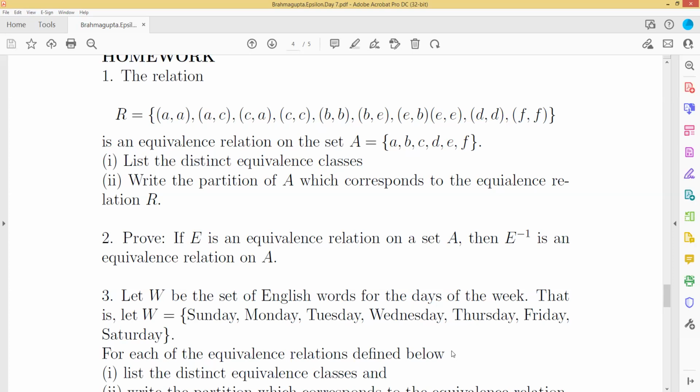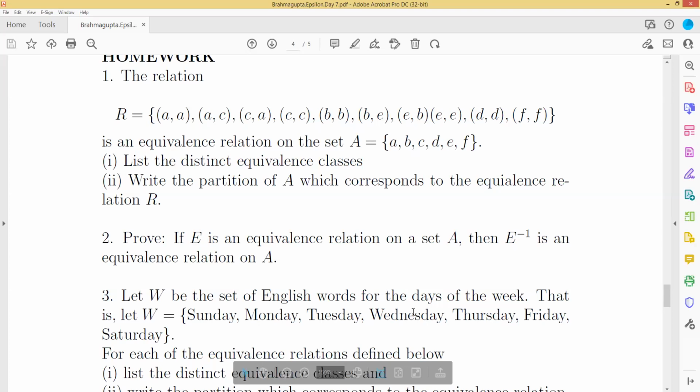Who else? Swasti. Anybody else wants to? Amol, Srinandan, Manas, Sai.